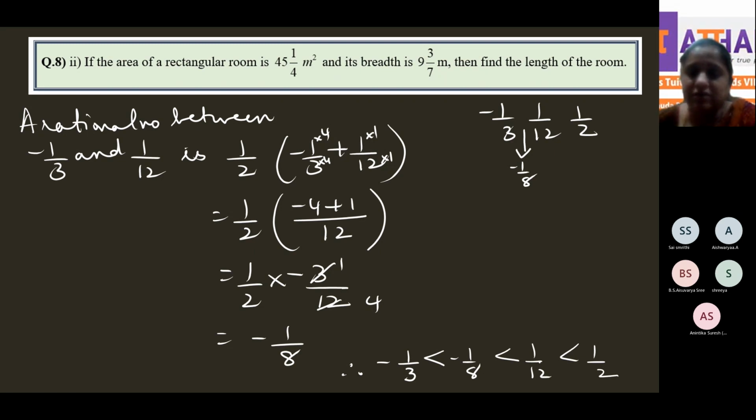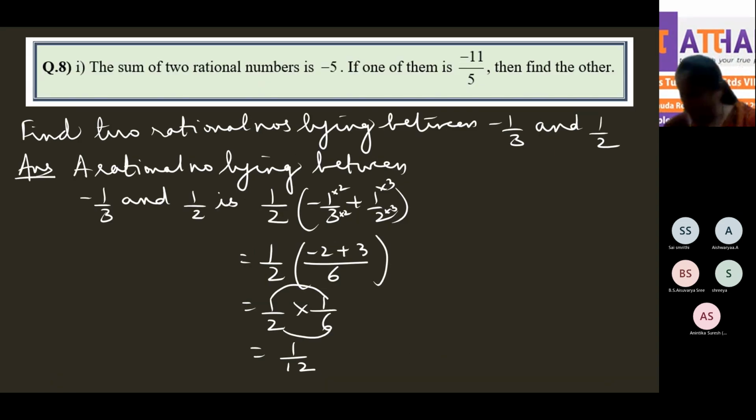Minus 1 by 8 is between minus 1 by 3 and 1 by 2. And 1 by 12 is between minus 1 by 3 and 1 by 2. Minus 1 by 8 is between minus 1 by 3 and 1 by 12. Right, children? We'll try another question like this. With that, it should become clear.